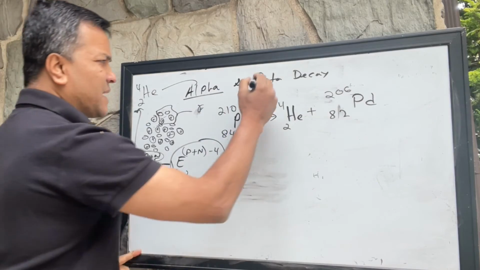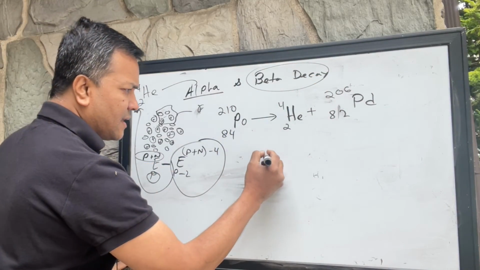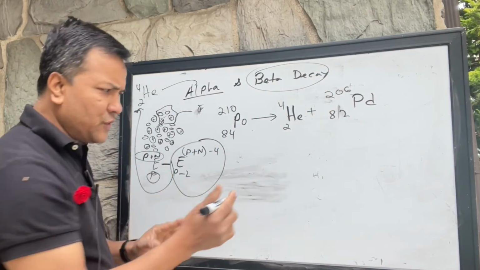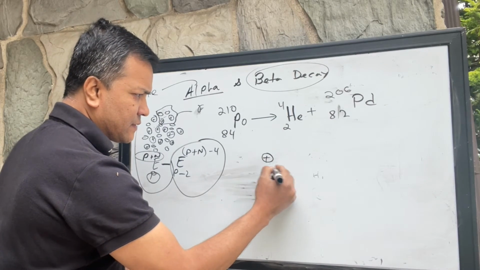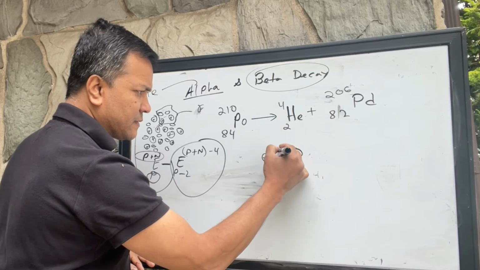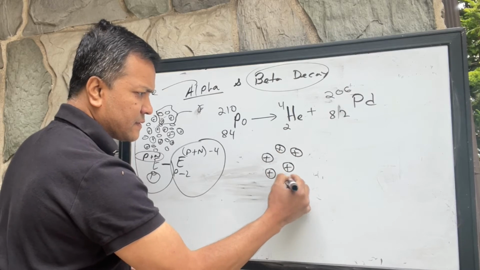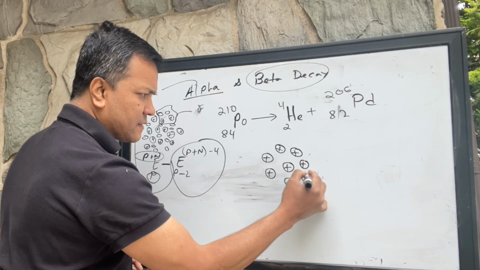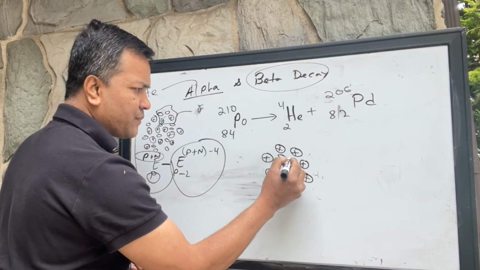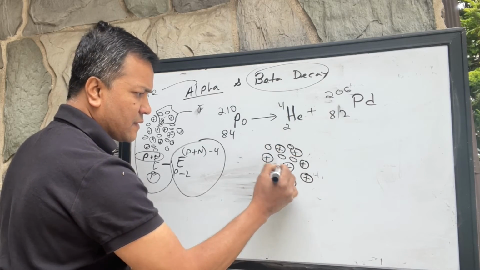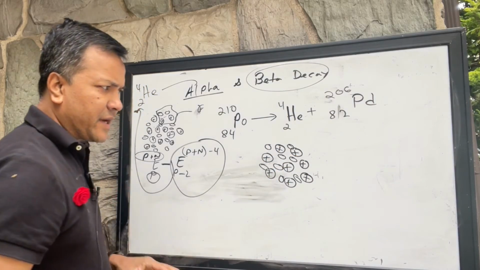Now let's talk about the beta decay. Let's consider some protons and neutrons.